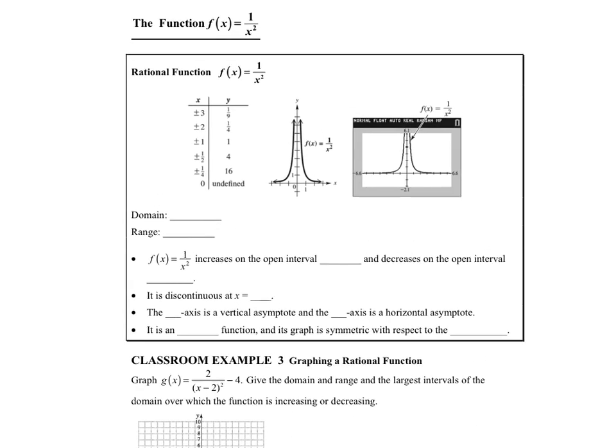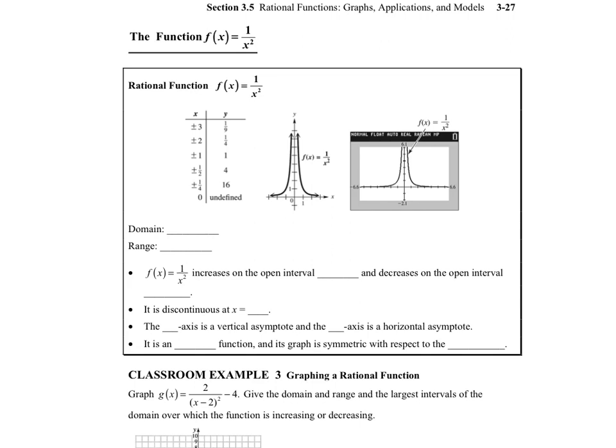Okay, and now here is this rational function. The difference is this is only in the first quadrant and the second quadrant, because it's x squared. So the domain is still negative infinity to 0, union 0 to infinity, and the range is 0 to infinity because it's only above the x-axis.